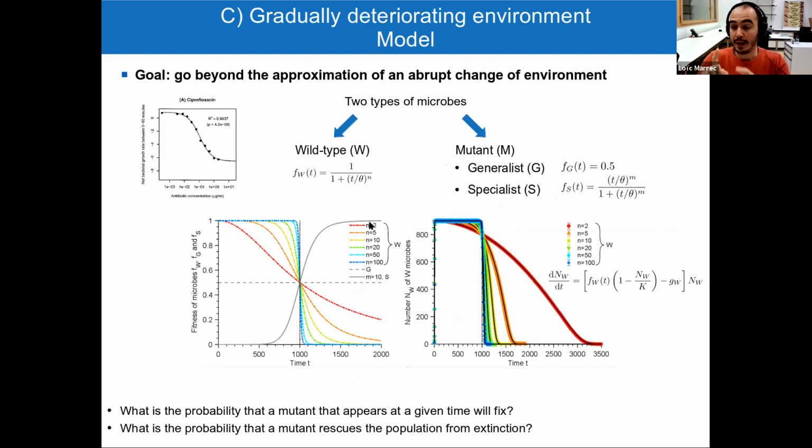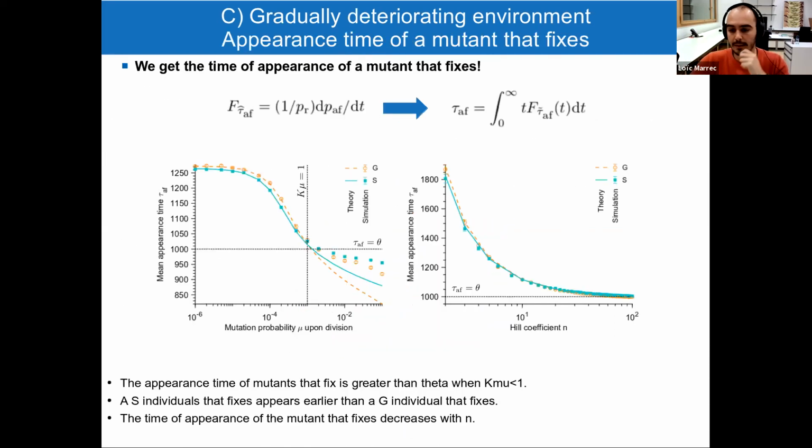Okay, so that's why you have a very short time between the inflection point and the extinction time of the population. And so that's why here you can see that the appearance time converges to the inflection time.